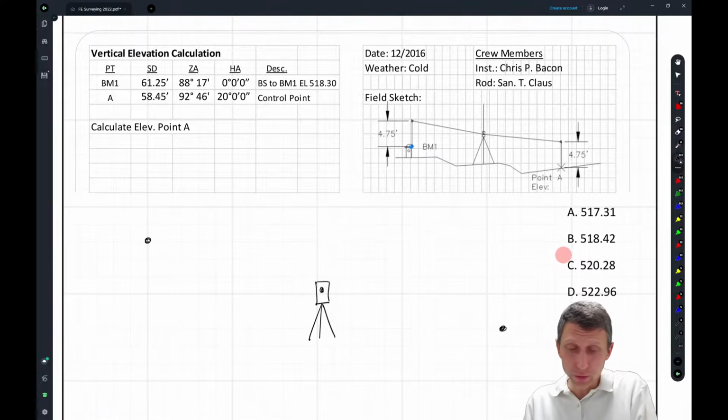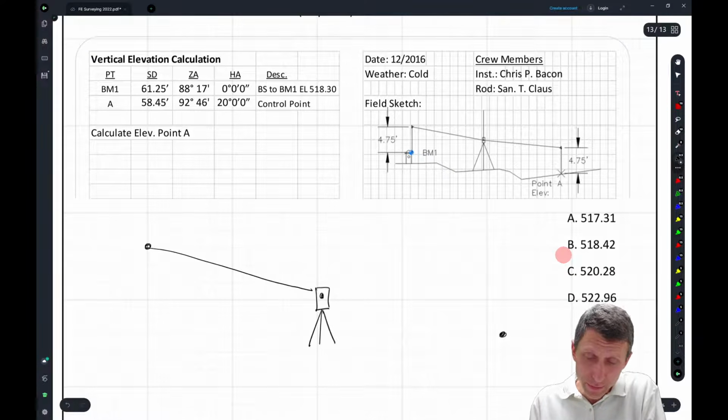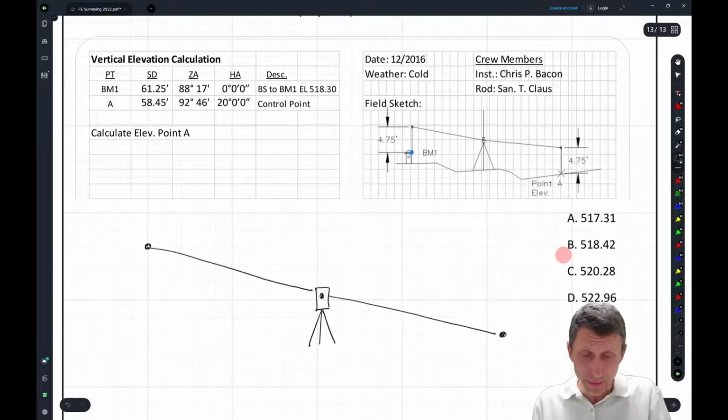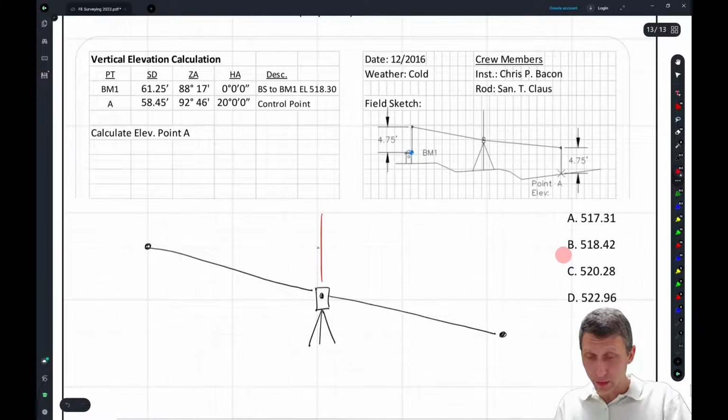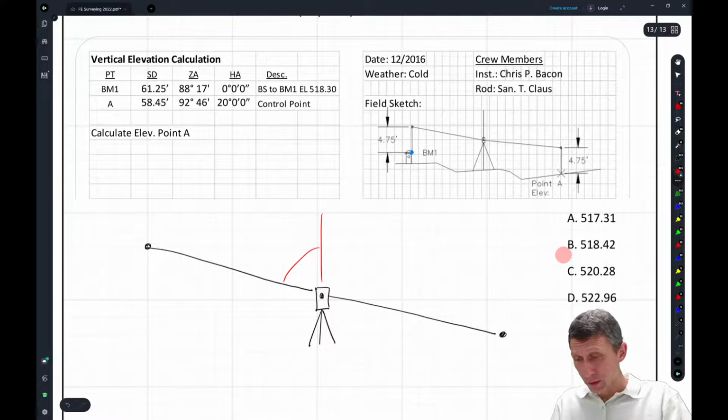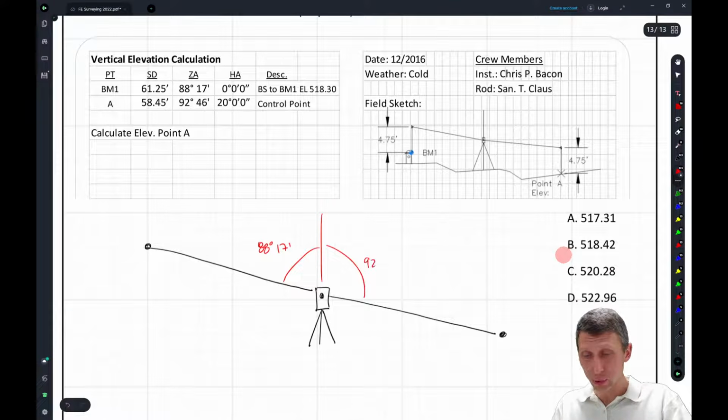So we make this measurement, and this measurement. What angles do we have? The angles we're told we have are 88 degrees, 17 minutes, the degrees, minutes, seconds thing again, and this angle is 92 degrees, 46 minutes.